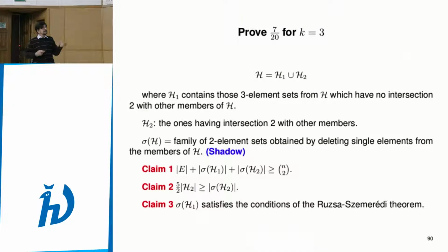And this is exactly the condition of the Ruzsa-Szemerédi theorem, that every edge here is in a triangle because it's a subset of a triangle, and cannot be used twice because of the definition of H1.